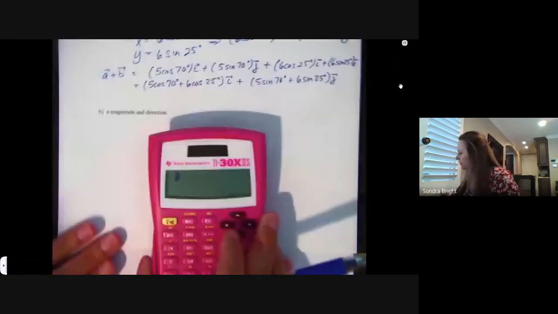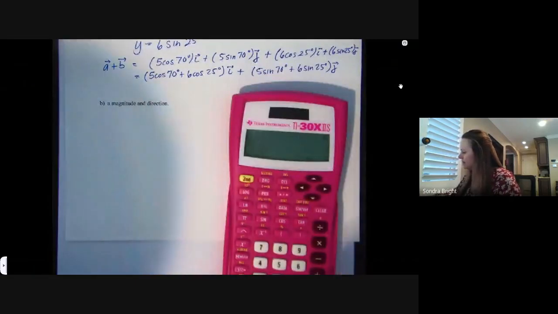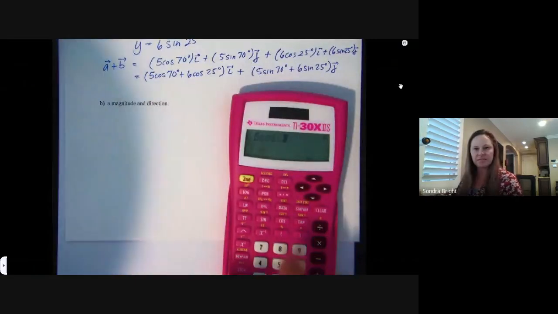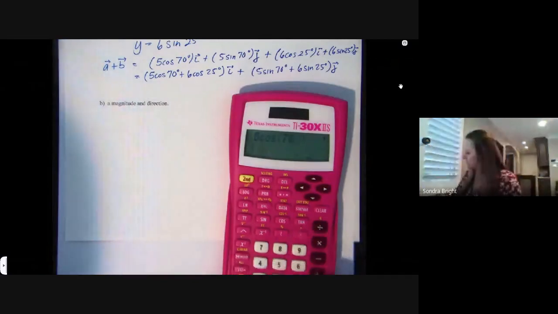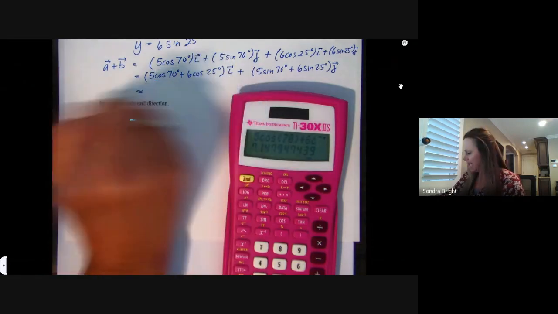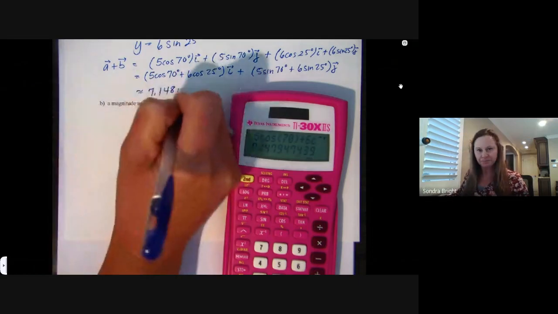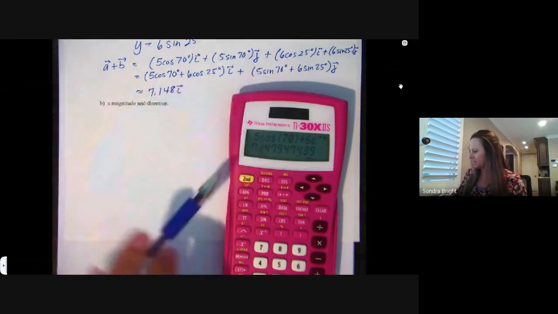The first thing I'm going to put in is 5 times cosine of 70, and the parenthesis for the cosine of 70, and then plus 6 times cosine of 25. Enter, and I get, I'm going to go to 3 decimal places, 7.148 times vector i.